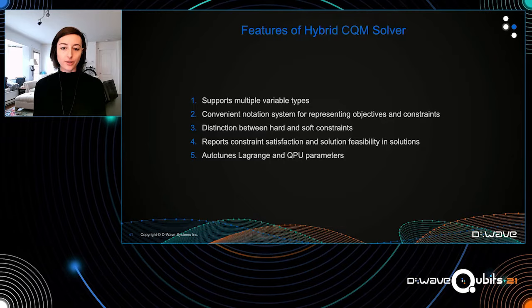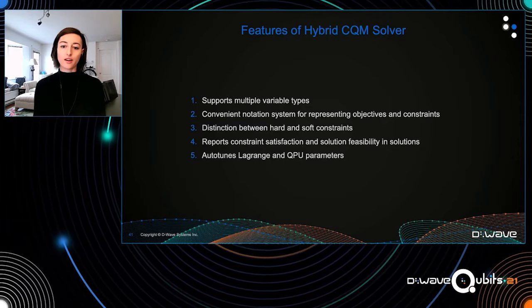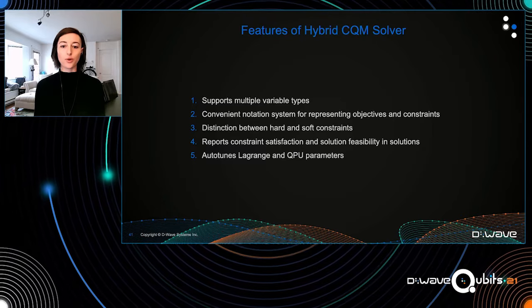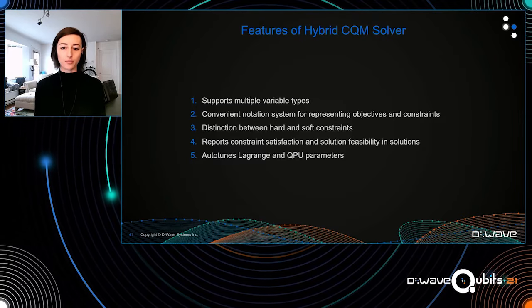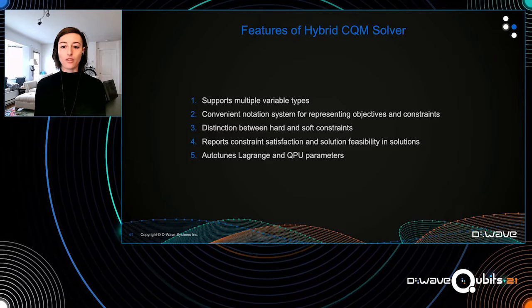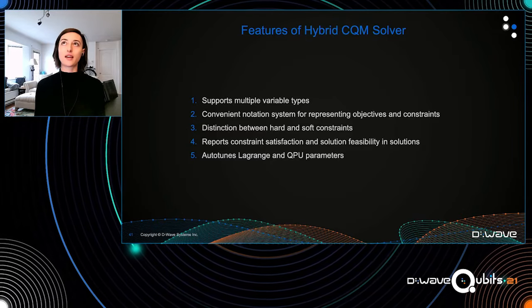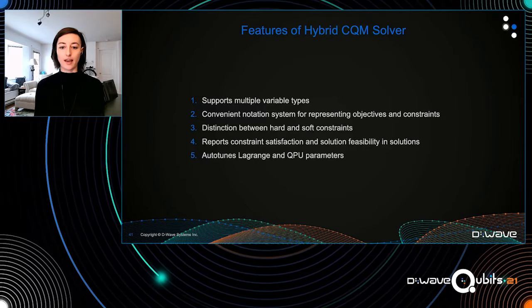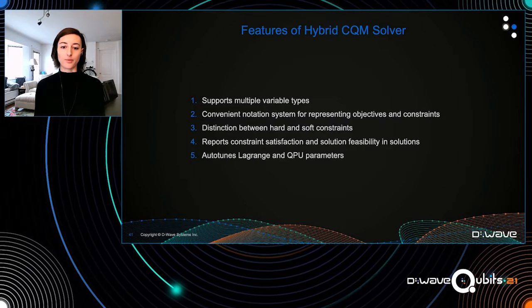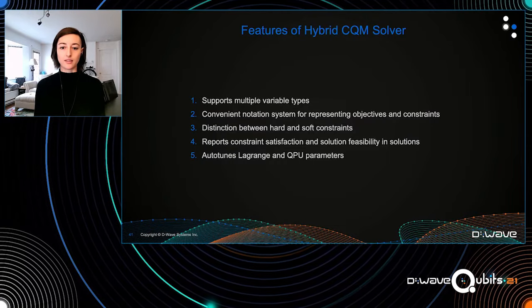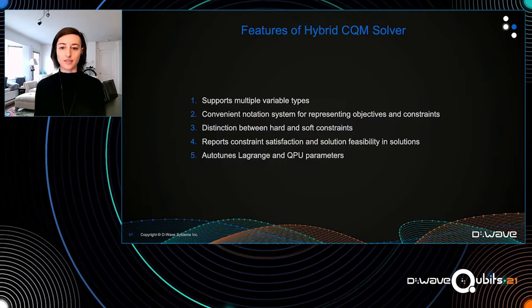The third highlight is that the CQM solver has native hard constraint handling. With that, we're also able to add soft constraints to models. This is the first time that we're able to really distinguish between hard and soft constraints and how we handle them and how we add them to a model. So that's a new feature of the CQM solver.